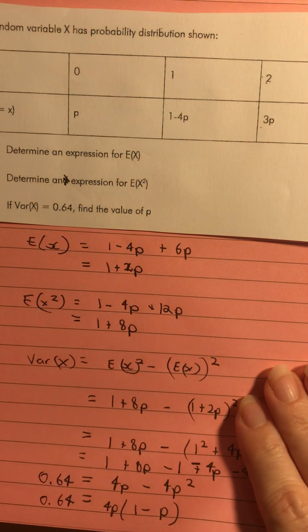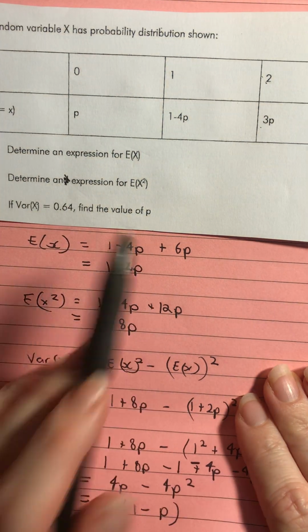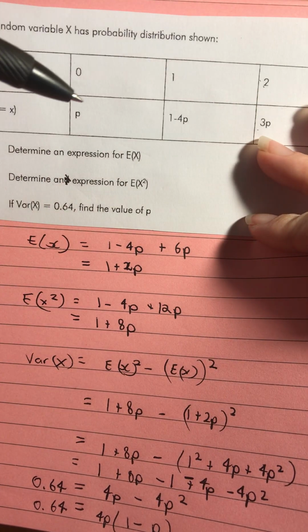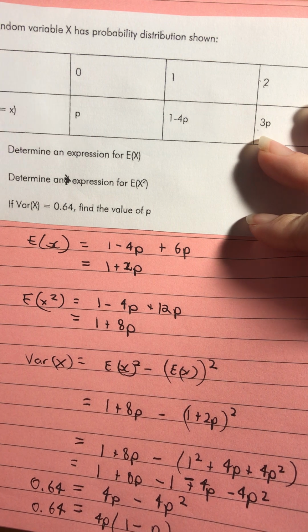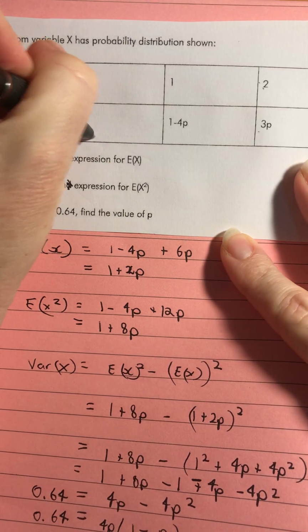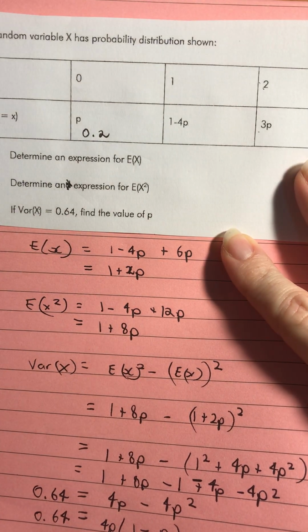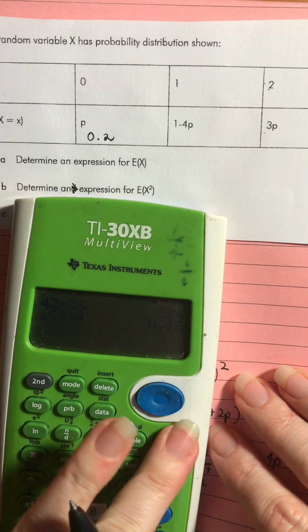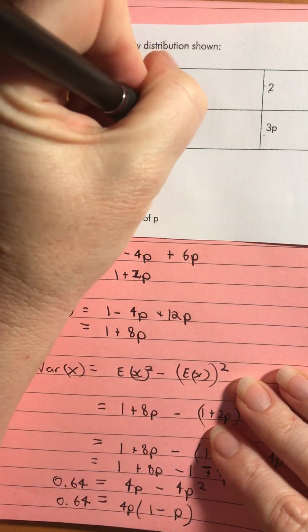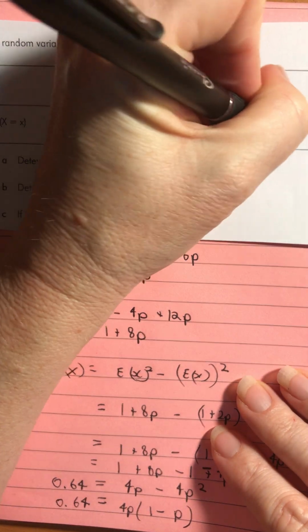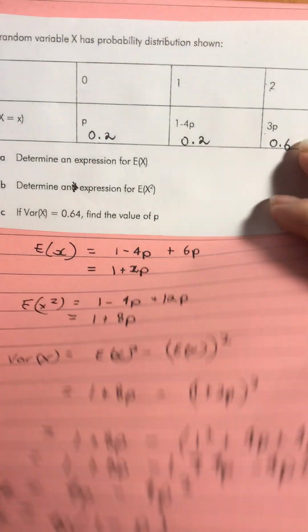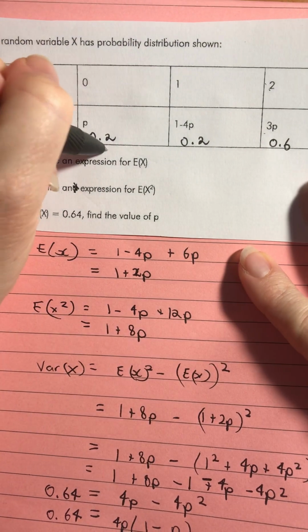So our original question, flicking back, was to find the value of p. So when we check that in here, our 0.2 and 0.8, we would be checking that those values worked in the original to add to 1. So if we have 0.2, we'd have 0.2, and then we would have 1 take away 0.8, which would be 0.2, and then we would have 0.6. So that works. The other one is 0.8, so we would have 0.8 here.